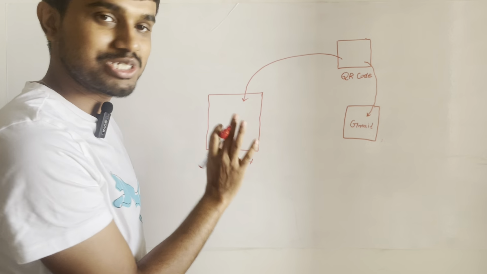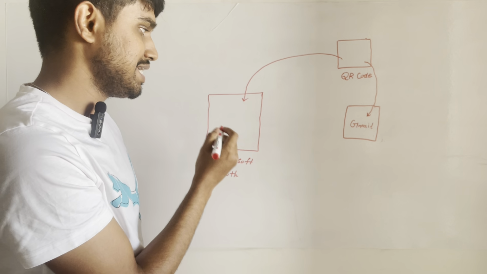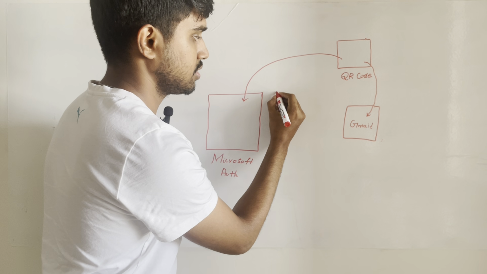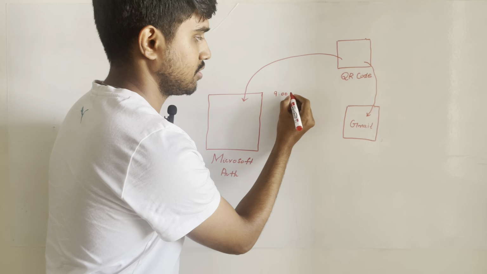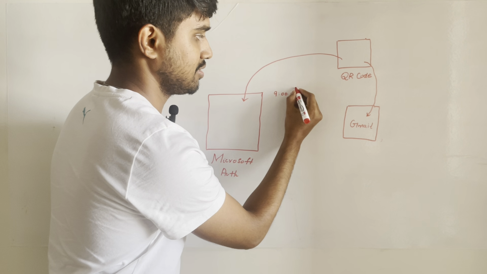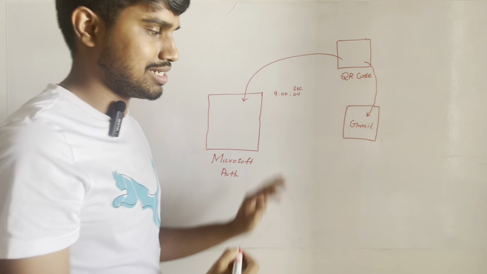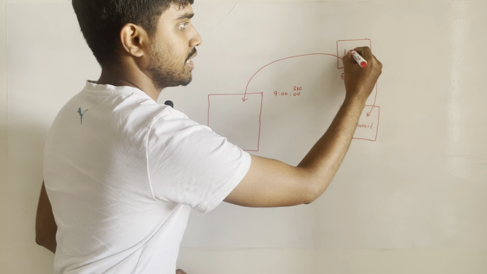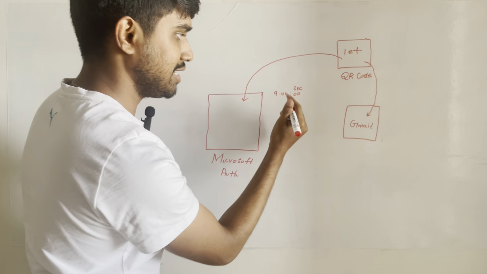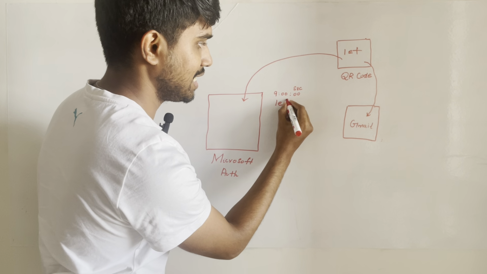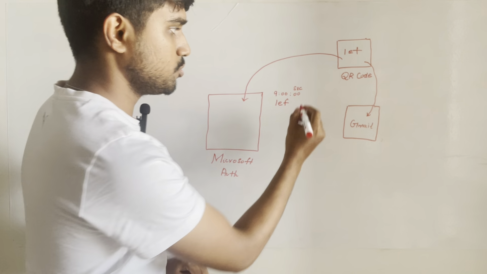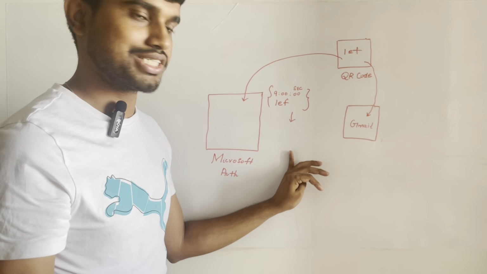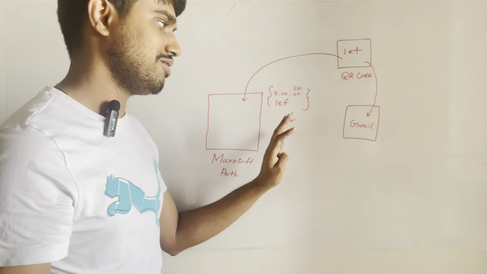Now, how this code is generated every 30 seconds is based on this secret and the current time. For example, the time is 9 o'clock and 00 seconds. Seconds are also important because every 30 seconds it changes. Say the secret is 1EF and it takes the time, so it combines these two and gives them to a mathematical function or algorithm, which we don't worry about.